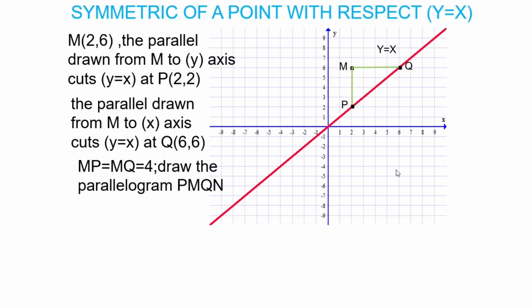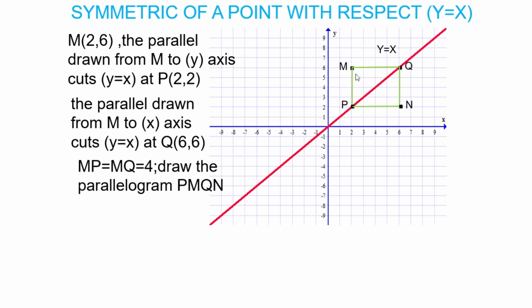PMQN is a parallelogram, then this quadrilateral is a square. Why is it a square? Because this side is equal to this side, right isosceles triangle, and we know that the opposite sides in a parallelogram are equal. So all the sides are equal, having an angle of 90, then it is a square.